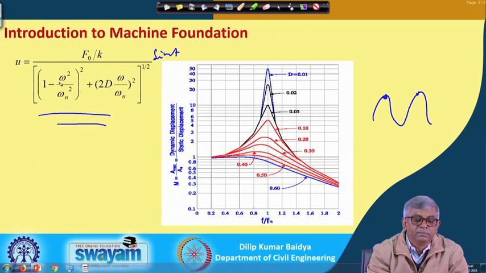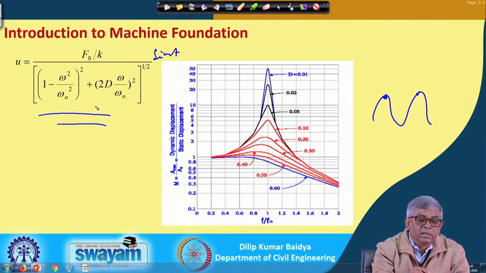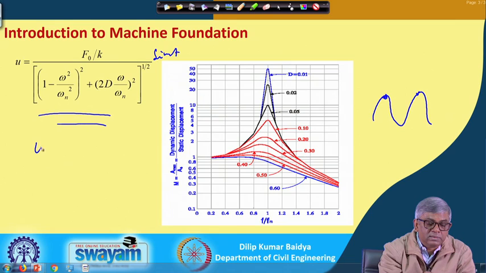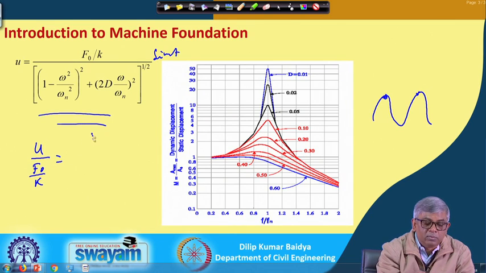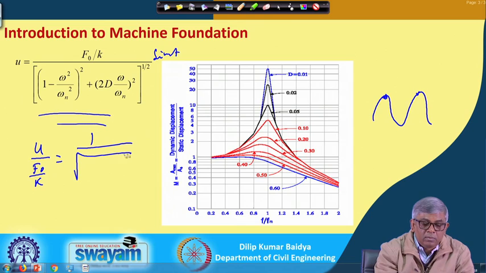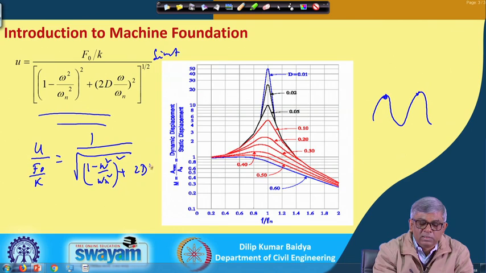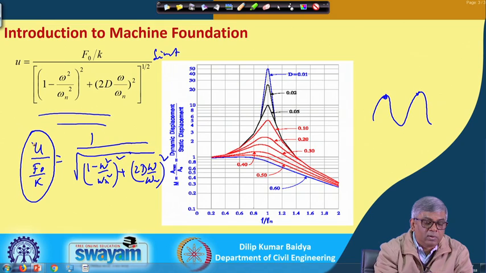So, displacement is maximum by this expression. Now, I can write this as u over F naught by k equal to under root of (1 minus omega square over omega n square) whole square plus (2 D omega over omega n) whole square. I can write this form, and this is non-dimensional.